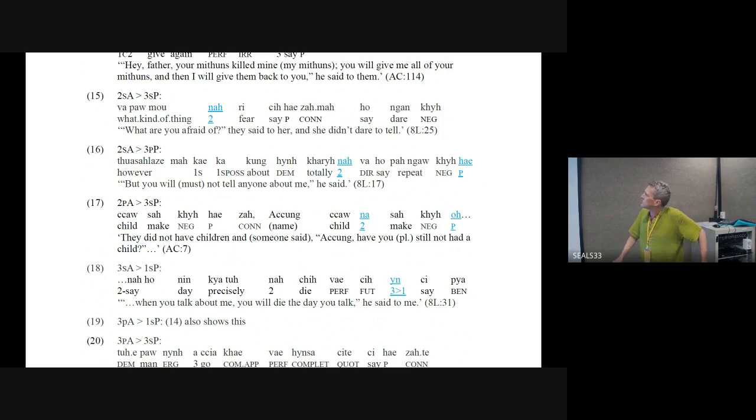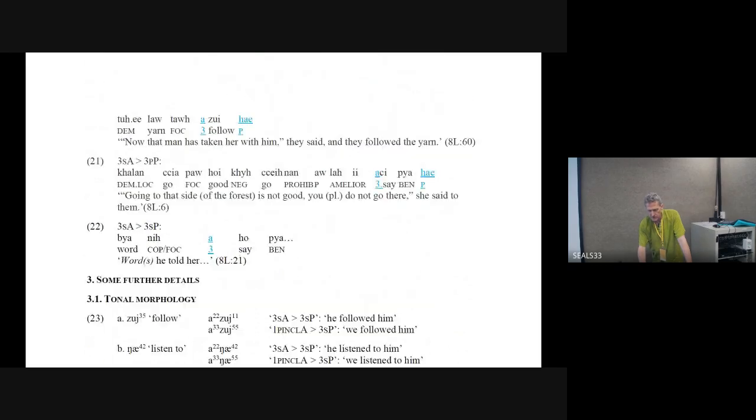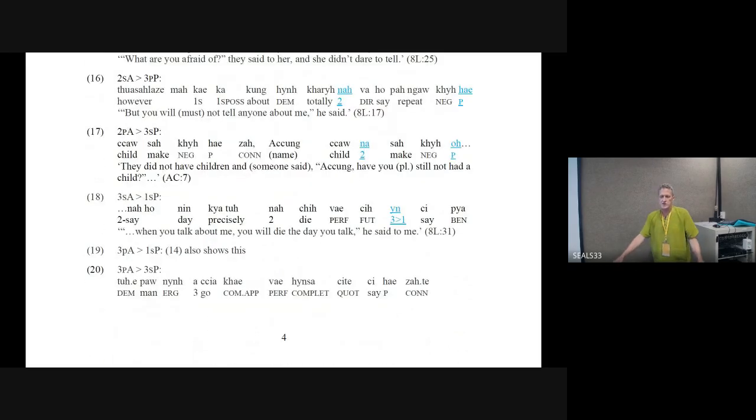So these are identical to the S markers for second singular A and second plural A. So second singular A in 15 and 16, and second plural A in 17. And then there's another example of the marker, which we already illustrated in the earlier discussion in 18. So this one's actually simpler. So he said to me, so unchi bua.